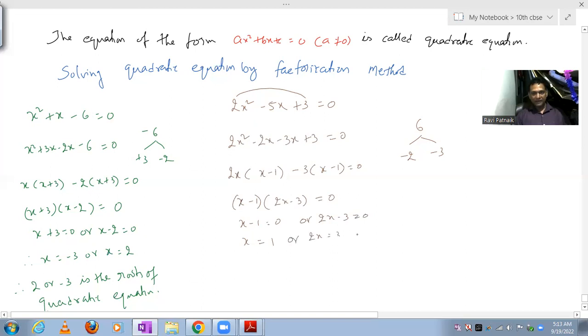That implies x is equal to 3 by 2. Therefore, 1 or 3 by 2 are the roots of the quadratic equation. Got it? So this is by applying the factorization.